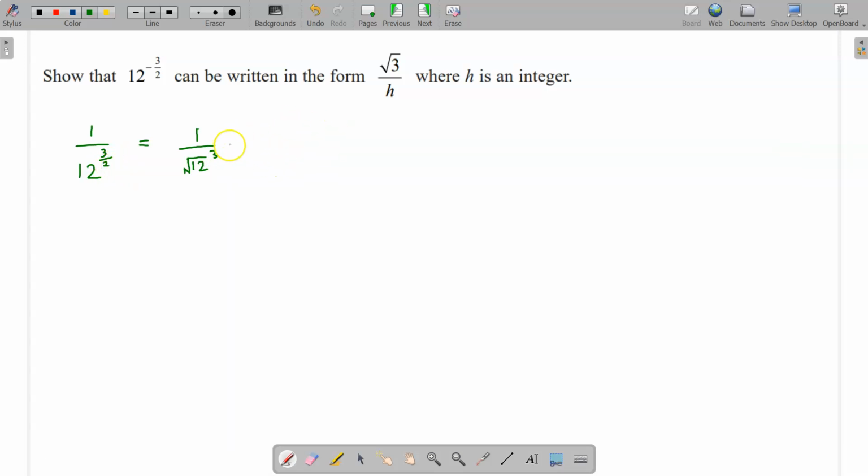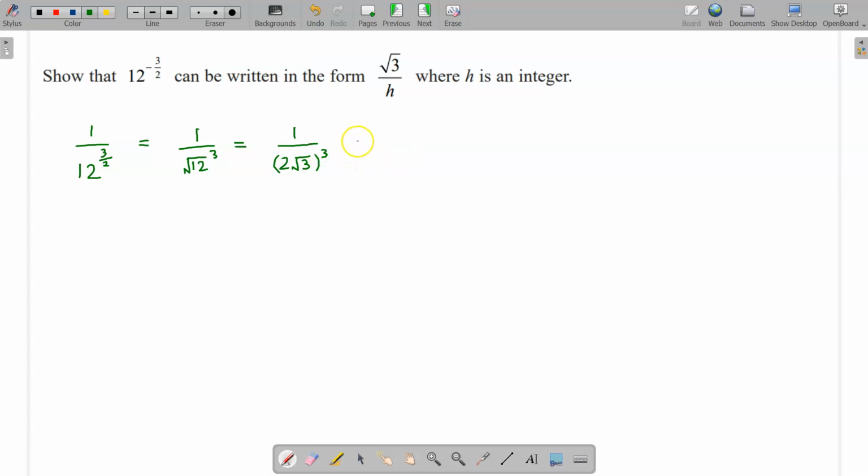Now, I'm going to use some knowledge about surds, and I'm going to say the root of 12 is the root of 4 times the root of 3, which is 2 root 3. So it's 1 over 2 root 3, all cubed, so you've got to cube both terms in that bracket.